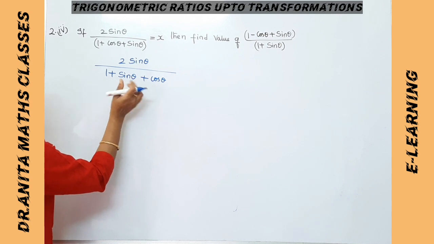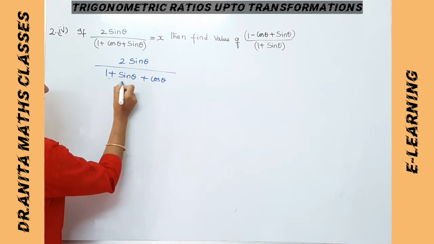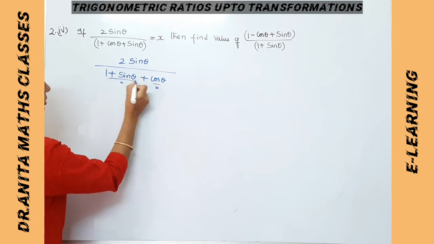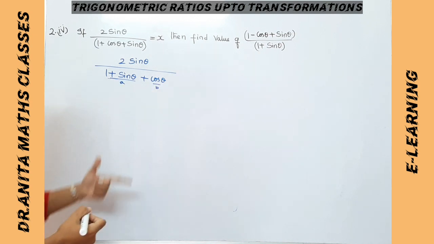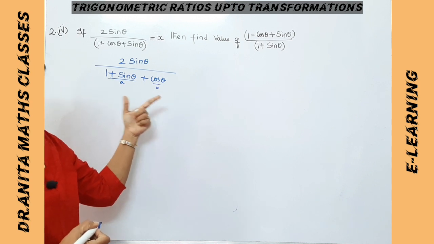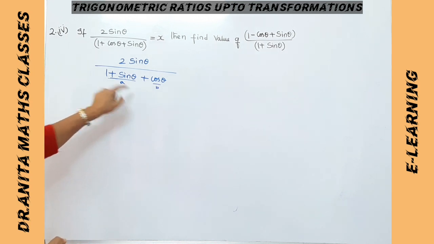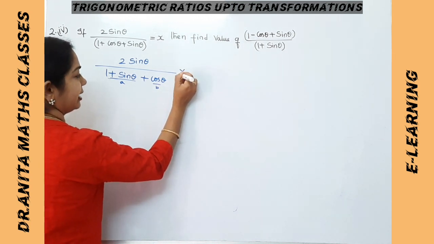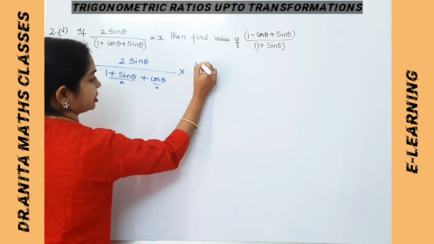Now this value, if I pair this as a and this as b, now what we will do, we will multiply and divide with the rationalizing factor, that is the conjugate of the denominator. If I multiply and divide, there will not be any change here.